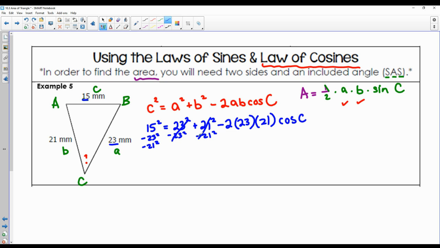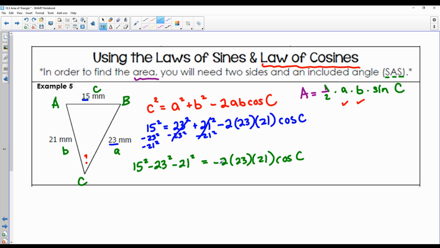I always just write it out like this: 15 squared minus 23 squared minus 21 squared is equal to negative 2 times 23 times 21 times the cosine of C. Please note these are all multiplied, so you can't add this.